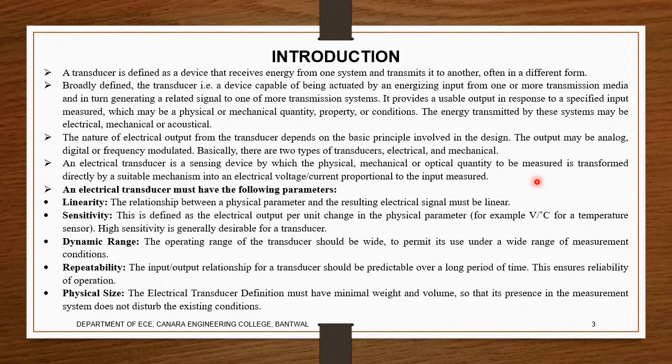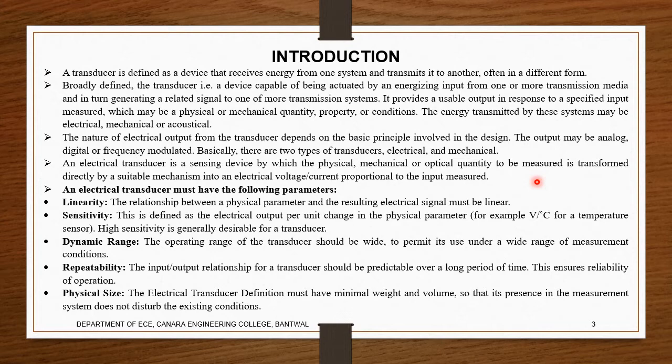Physical means sensors, mechanical might be the turbine of a car, and optical might be light given as the input in optical fiber communication. That is transformed into an electrical voltage or current, always proportional to the input measure. Some noise might be added to it. We'll look into the block diagram.